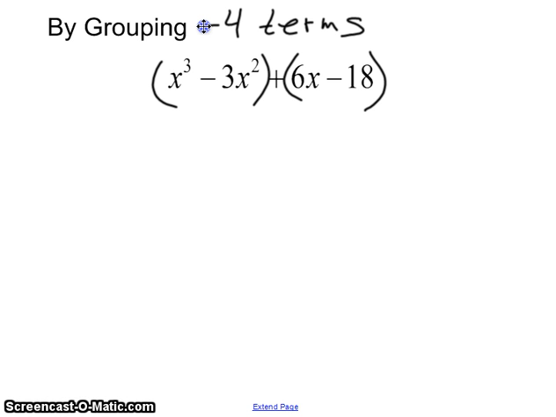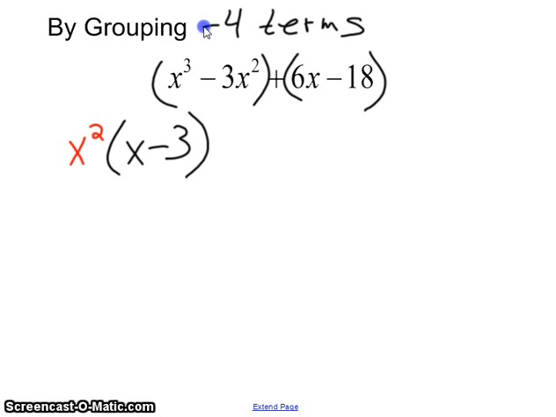I'm going to group. The GCF of the first group is x to the second. Always use the smallest exponent of the common variable. X to the third divided by x to the second is x. Negative 3x to the second divided by x to the second is negative 3.